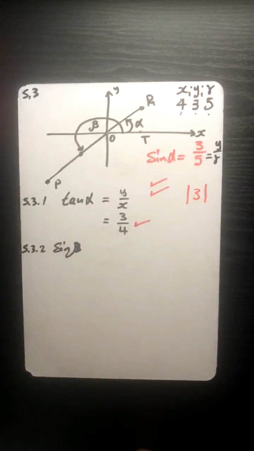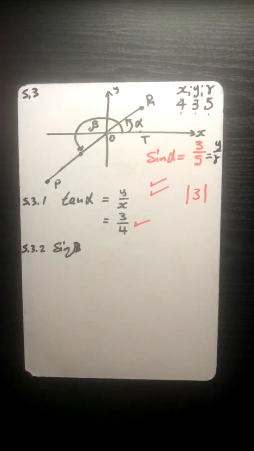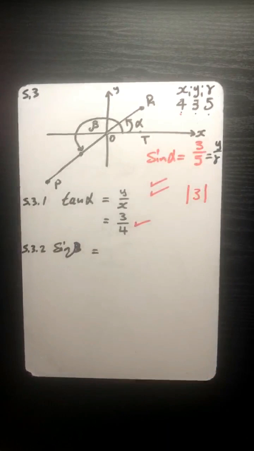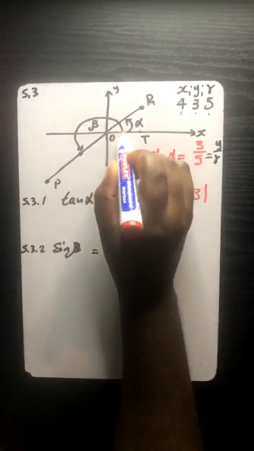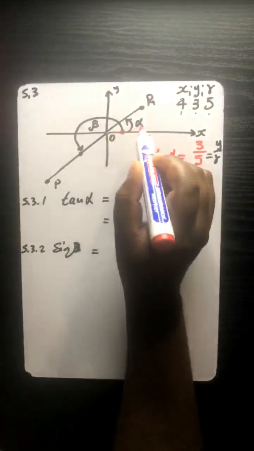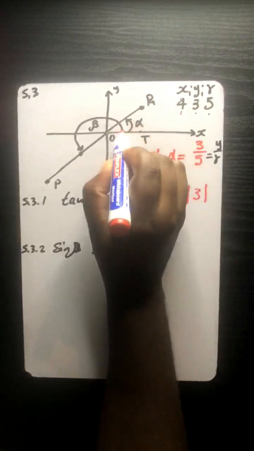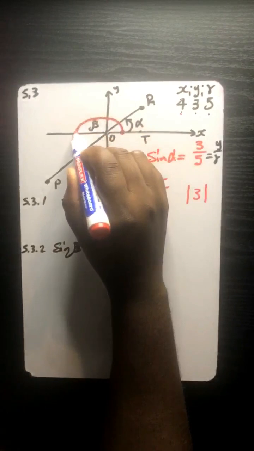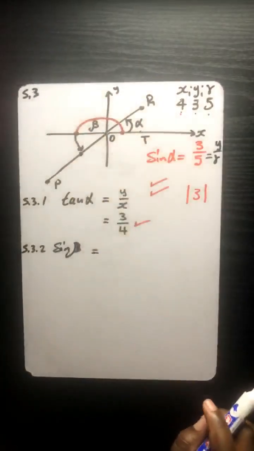How are we going to do this? But I think, honorable members, if you think about this thing, you will realize that from that point there, if you go up to that point there, that is 180.